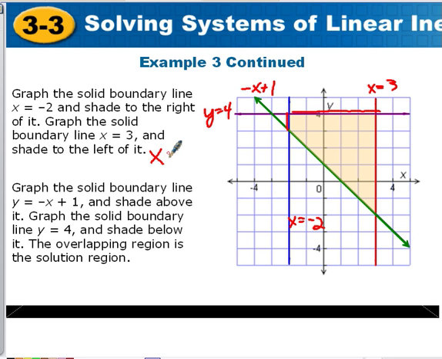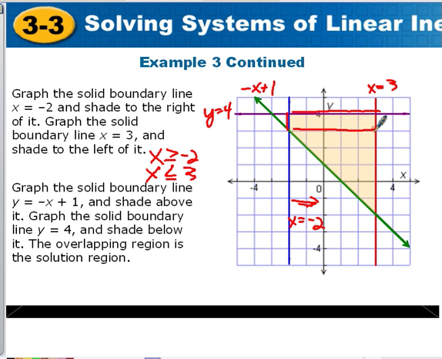X is greater than or equal to -2. So that means it's going to be shaded in this direction. And then we had x is less than or equal to 3. So basically, we're bounded on the x-axis between -2 and 3.